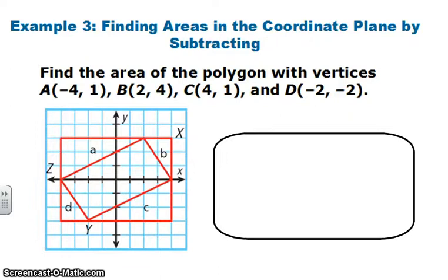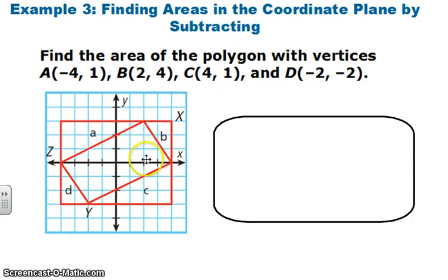A second method for finding areas in the coordinate plane would be to use subtraction. And so to find the area of this polygon with vertices A at -4, 1, B at 2, 4, C at 4, 1, and D at negative 2, negative 2, we see that a larger rectangle has been placed surrounding it now.